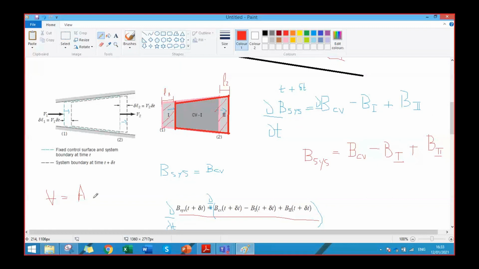This area would be the cross-sectional area of the control volume boundary. So this is the control volume. A would be this cross-sectional area, into the page, just like this. And L would be the change in this distance, and we know that distance is velocity into time. Clear? So volume would be area into velocity into time. Is it clear?